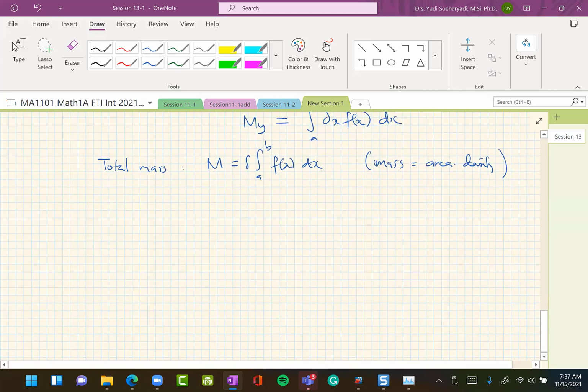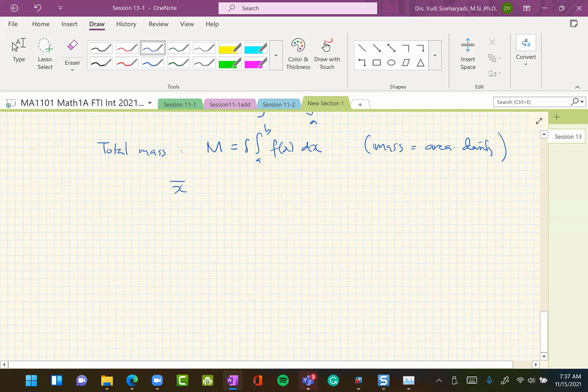Now we have that x bar is the moment over the mass.